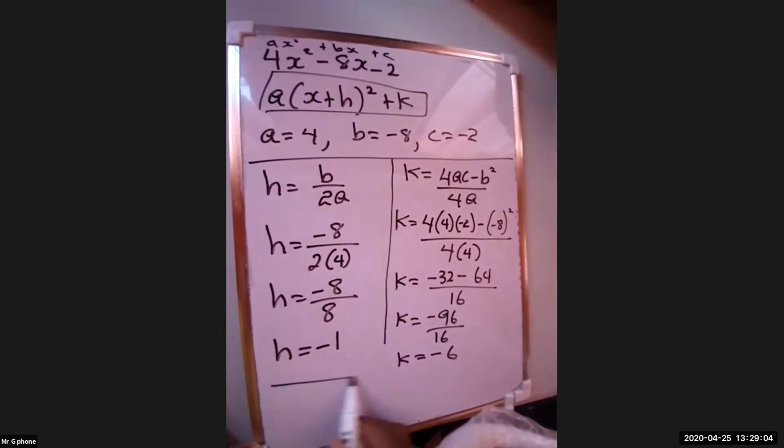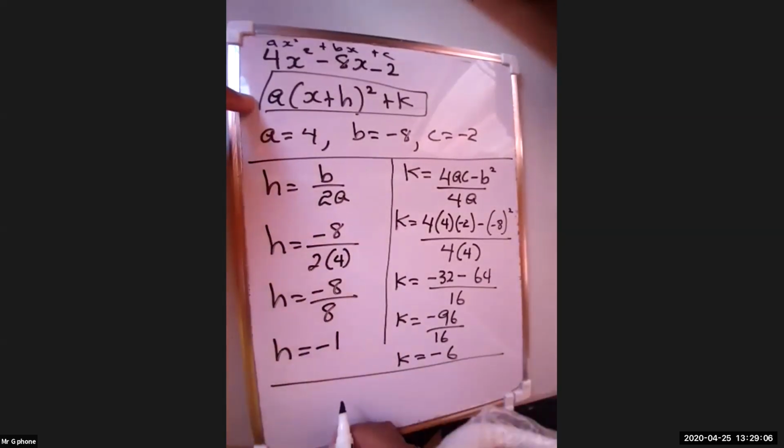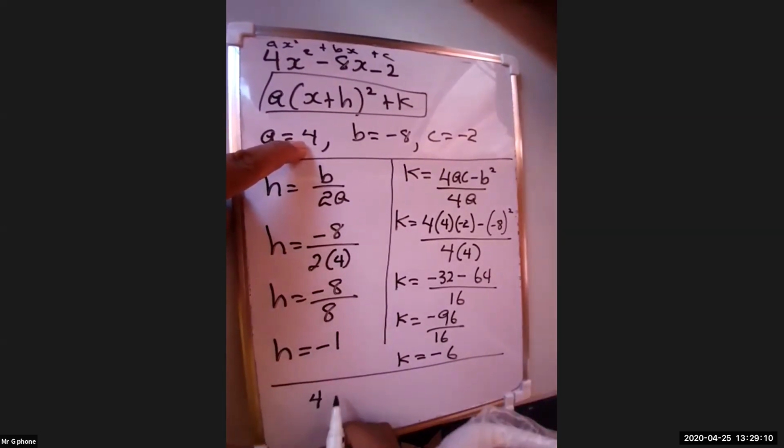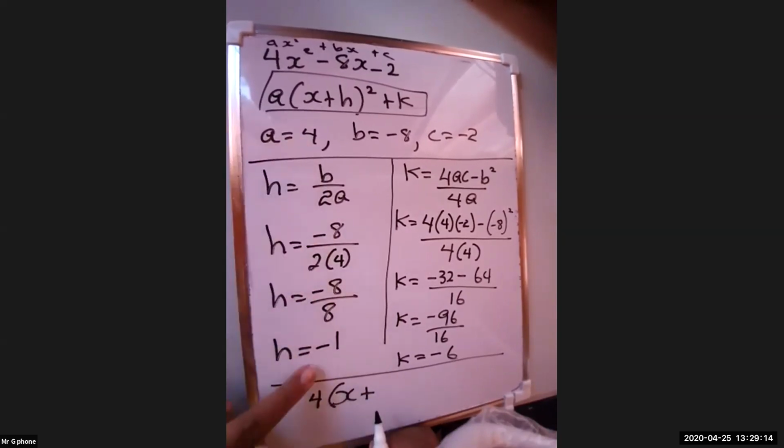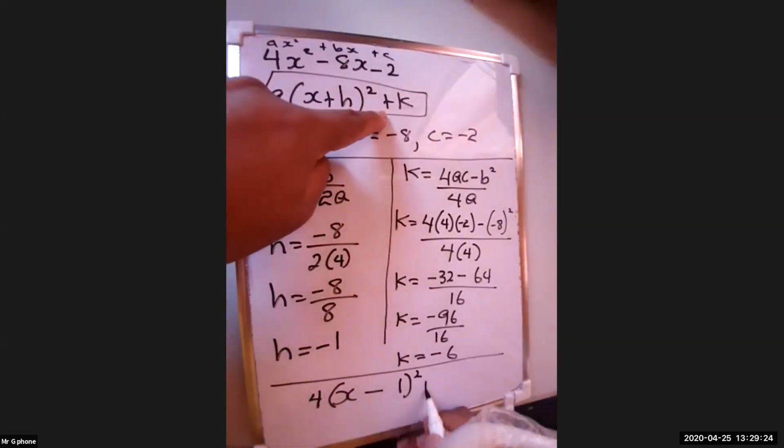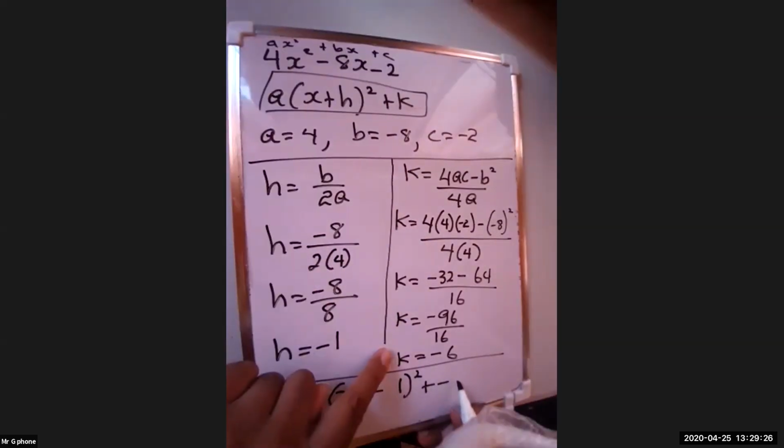So now we are asked to express it in this form. So the value of a we know is 4. So we write 4 into x plus h, and we just worked out h to be -1. So a positive and a negative gives us a negative, so we could change this to a negative 1, squared, and of course plus k, and k is -6.